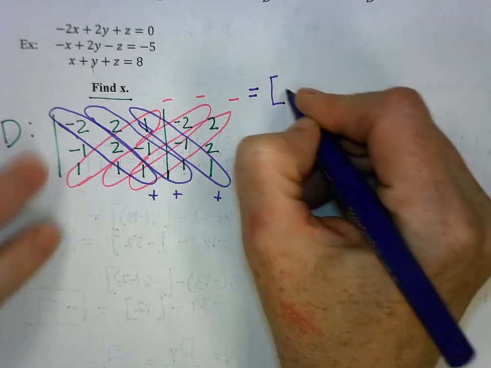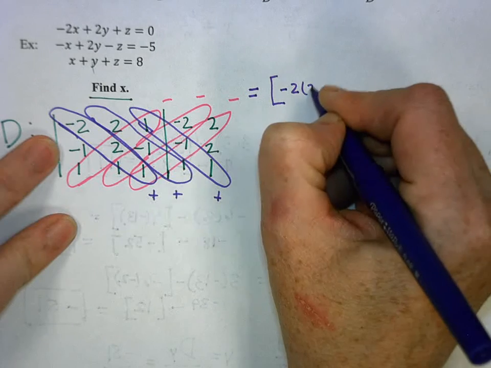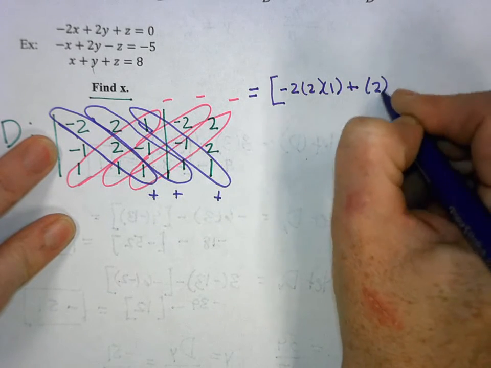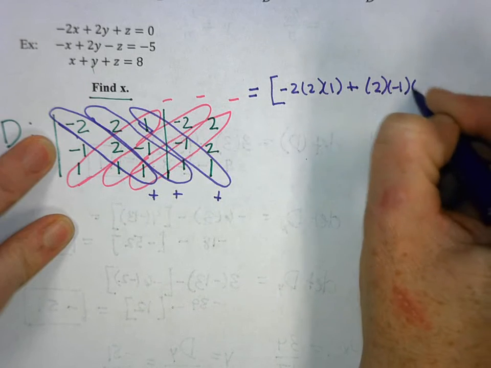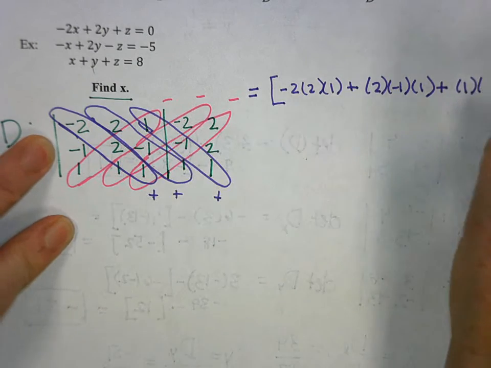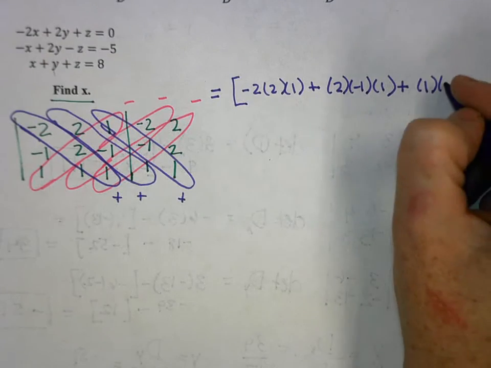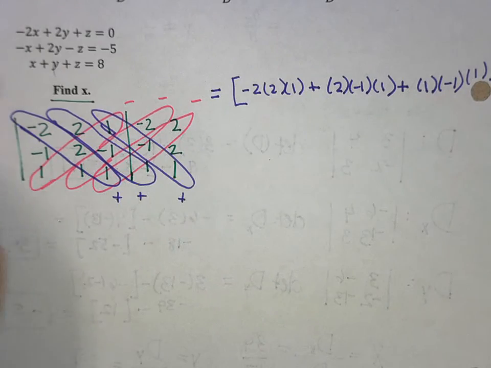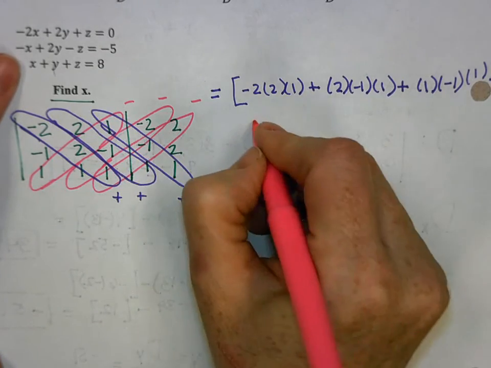All right, I'm set up here. And I'm going to take my positives first. The determinant equals negative 2 times 2 times 1, plus 2 times negative 1 times 1, plus 1 times negative 1 times 1.